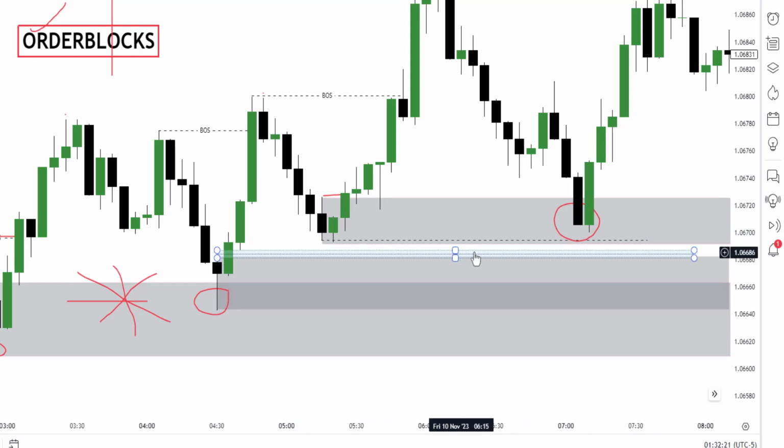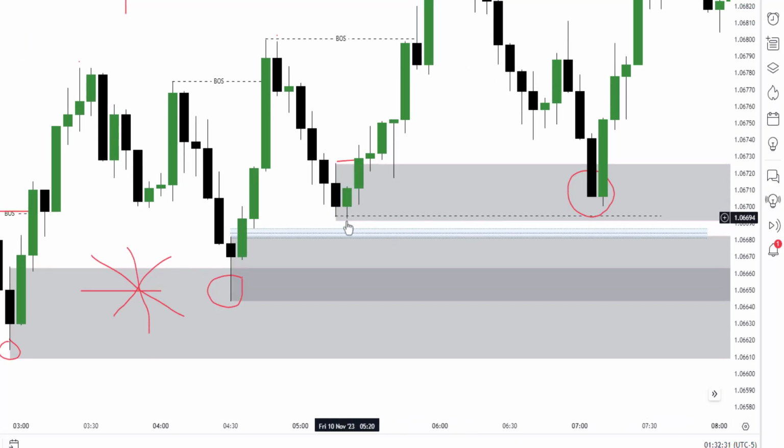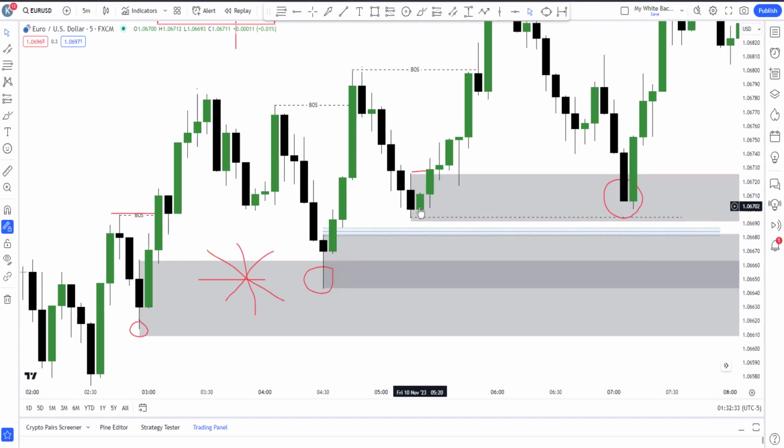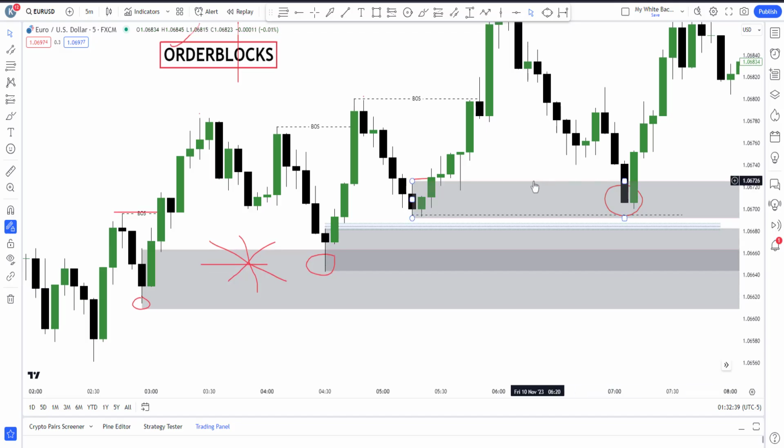But in my own rules, I will map out including the wick of the order candle that is lower than this. You will notice that this particular green candle is lower than this. So I will map it out, and that becomes my order block where the order was taken.